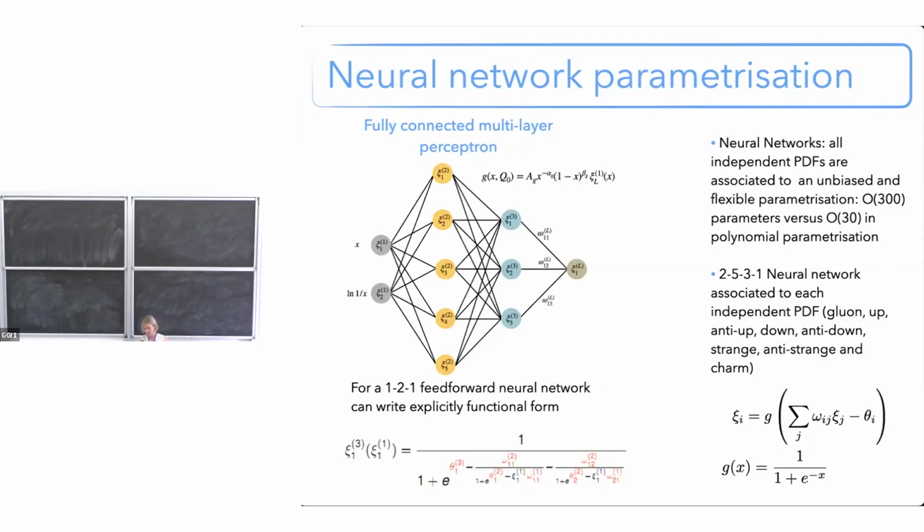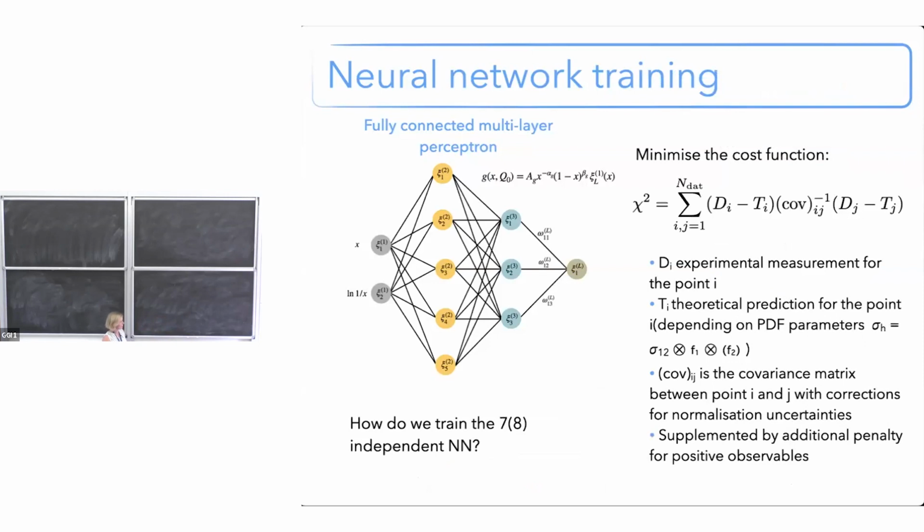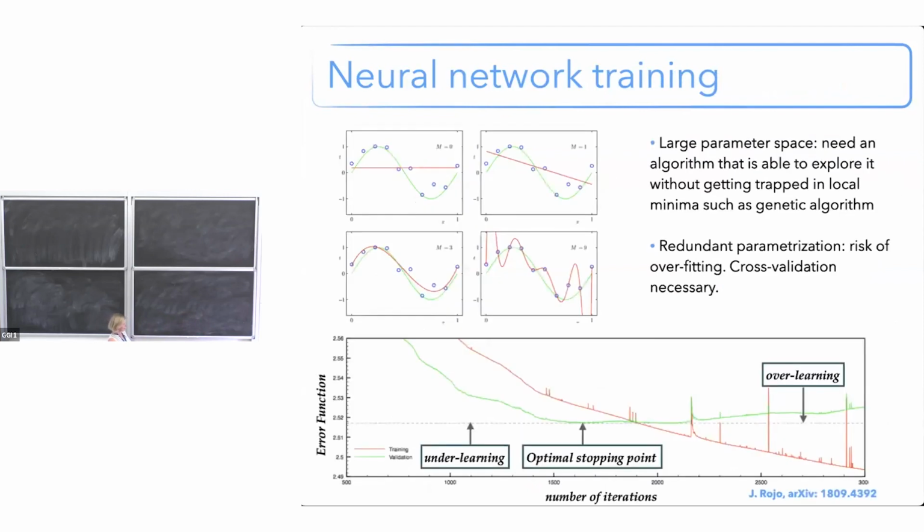So this, in fact, goes to the next point. Again, you minimize this thing in real life, but that's what everybody does. You have a covariance matrix with all the correlations between experimental data. But the point, which is exactly what you were saying, is that when you have a big parameterization like a neural network, and you can also have it when you have a big polynomial, eventually you can fit the noise, okay?